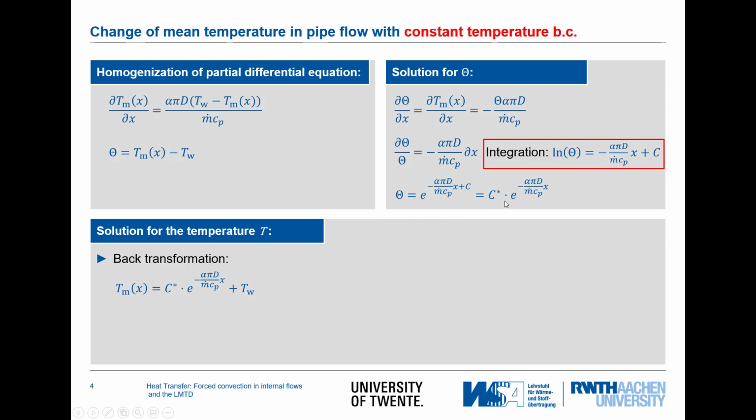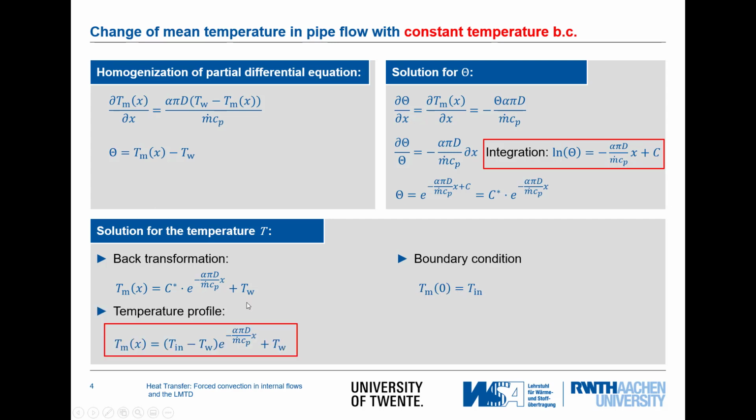Now, what about the constant c star? How can we calculate this? First of all, we can bring this back to our Tm. So we change theta to Tm minus T wall and have an explicit expression for Tm, which is then c star times the exponential function plus the wall temperature. Now, for the boundary condition at the location x equal to 0, we have the inlet temperature.